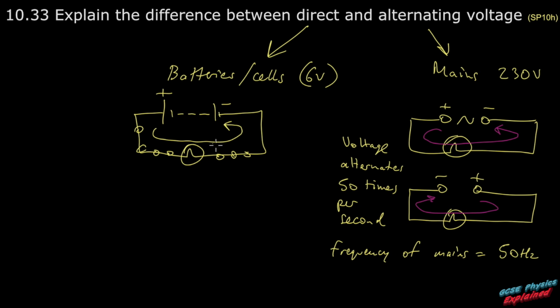Now those charges flowing are what we call direct current and alternating current. With the chicken and the egg, we're not sure what came first, but with current and voltage we do. It's the voltage that causes the current. So direct voltage creates direct current, which is what we call DC, and alternating voltage creates alternating current, which is what we call AC.